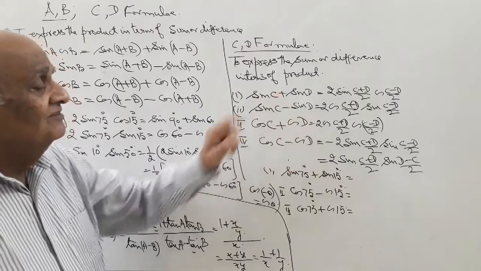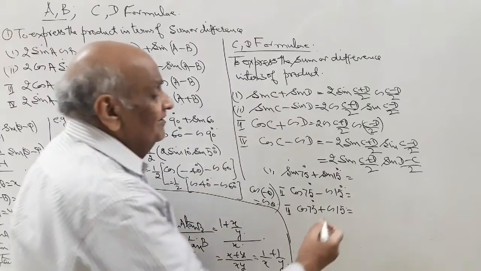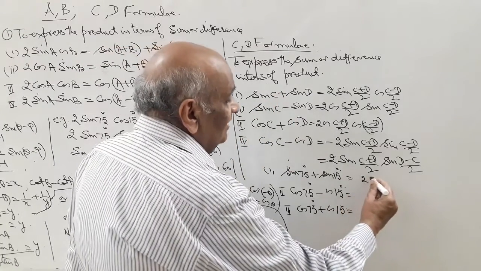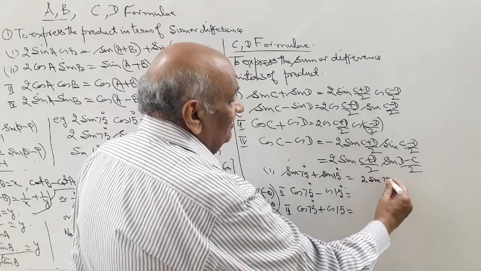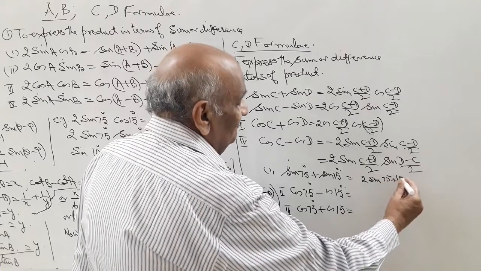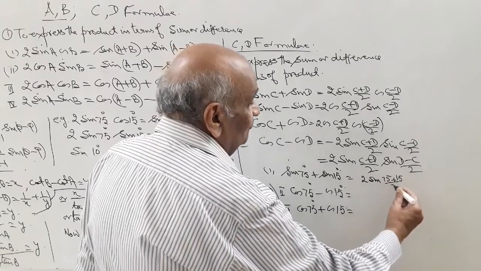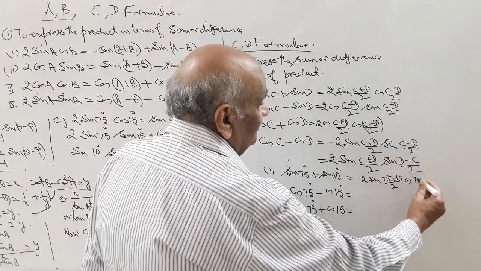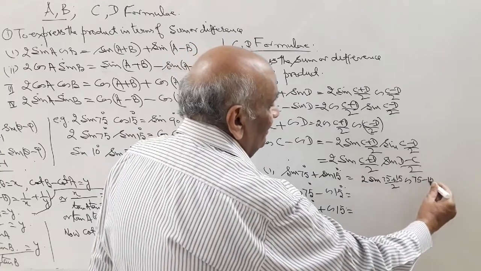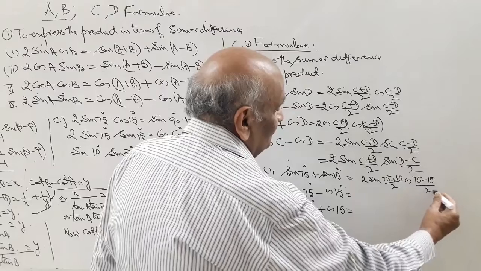Apply sine C plus sine D. It becomes 2 sine of 75 plus 15 over 2 cos 75 minus 15 upon 2.